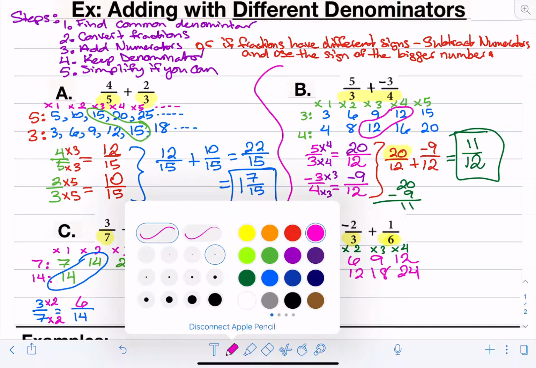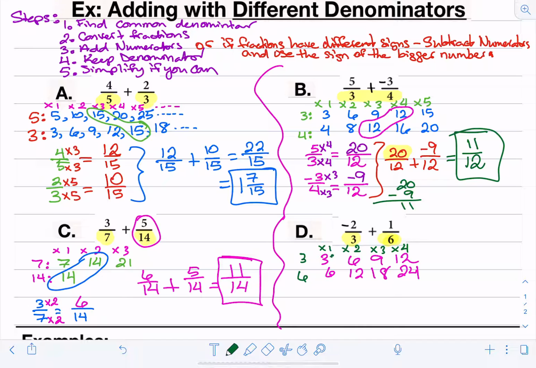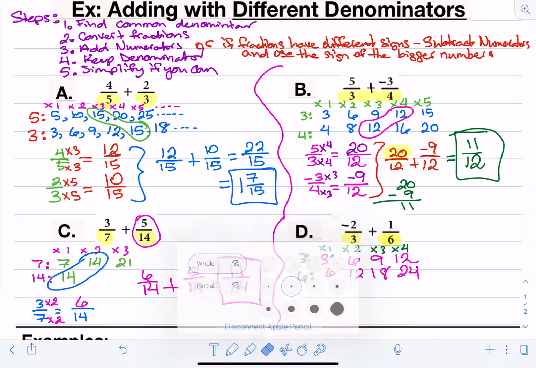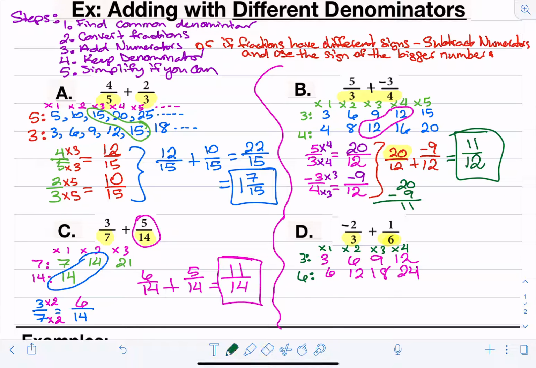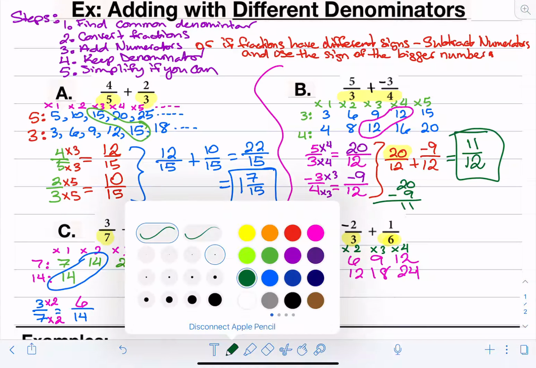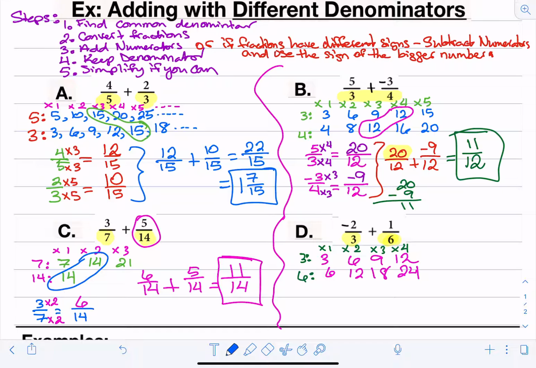And I look and I see, okay, do they have any numbers that are in common or the same? And if we look, we notice that 3 goes into 6 and 6 goes into 6, right? 6 times 1 is 6, 3 times 2 is 6.